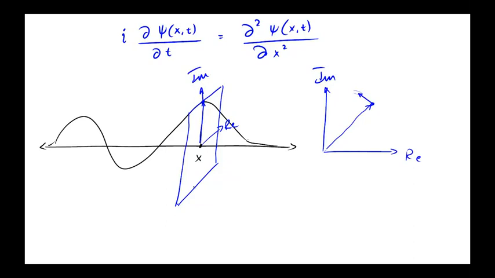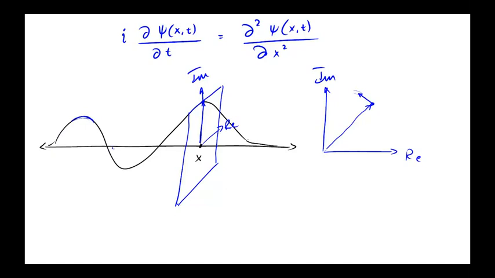It acquires a phase. It starts rotating in this complex plane. But at what rate does it rotate? Well, it rotates at a rate which is proportional to the second derivative at this point. So at the points where the wave function changes very rapidly, the second derivative is large, and it's going to rotate quickly. But where the second derivative is 0, it's just not going to rotate very much at all. And that's what Schrödinger's equation tells us about how the wave function changes in time.